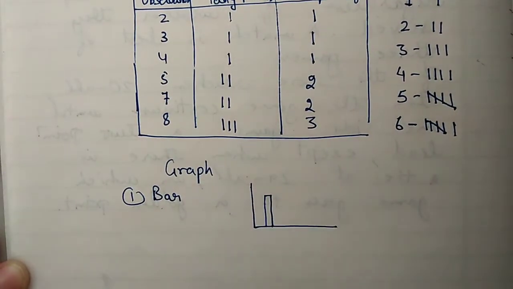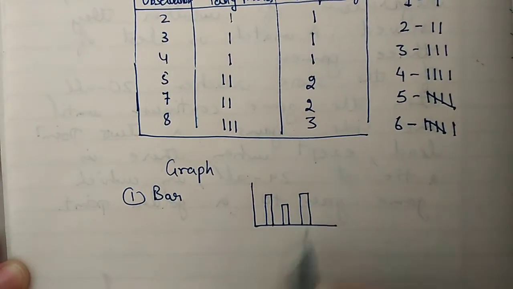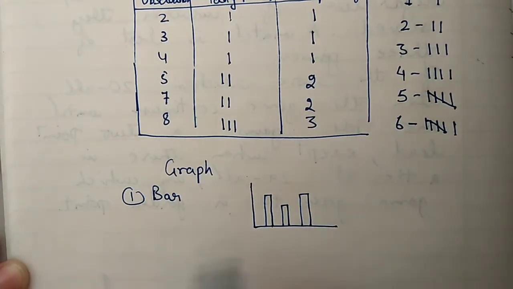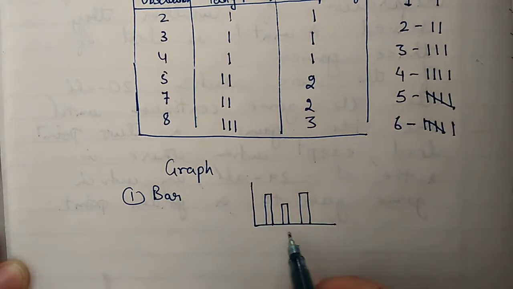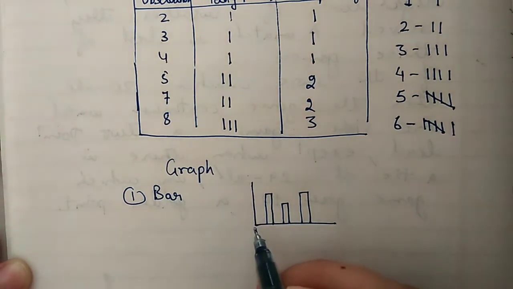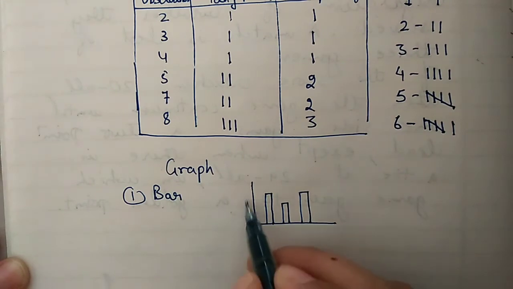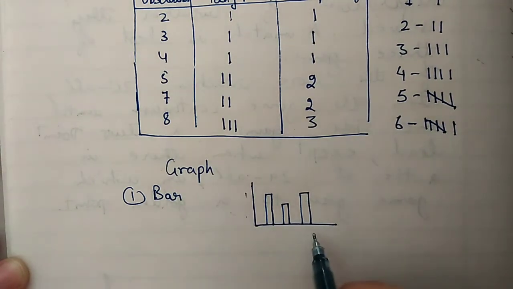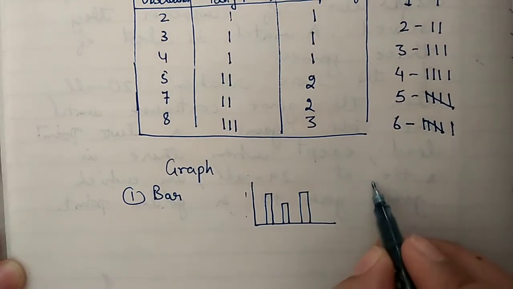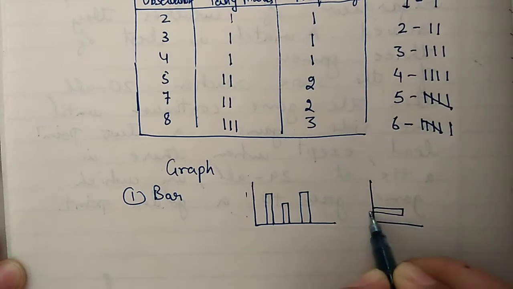This type of standing block we will call a bar. On one side we will represent one information, and on the other side another information. Suppose monthly expenditure is given, so we can write here expenditure, and here we can write items, on which item how much we have expended.